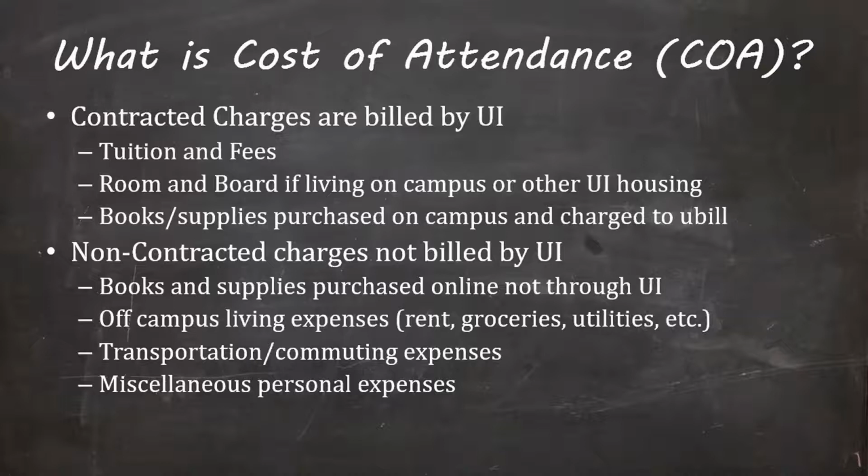If you purchase books through the university bookstore and charge them onto your university bill through your UI ID card, that could also be a contracted charge. So keep in mind anything that you purchase on campus, tuition fees, on-campus living, those are considered contracted charges.